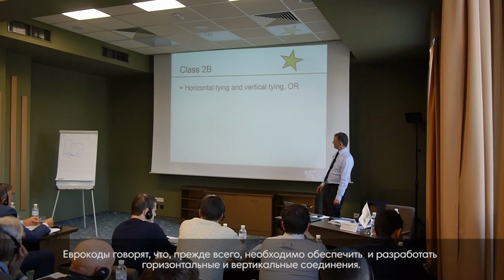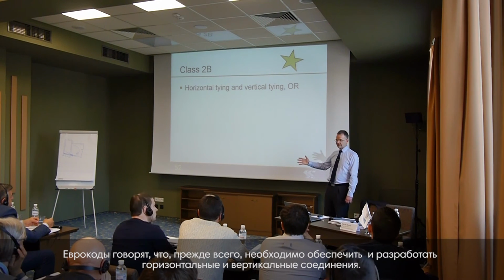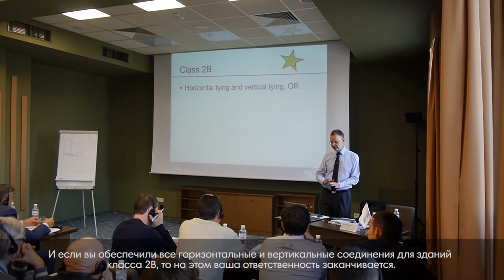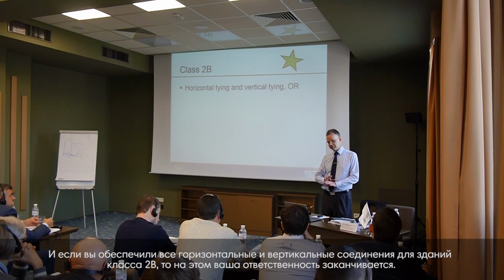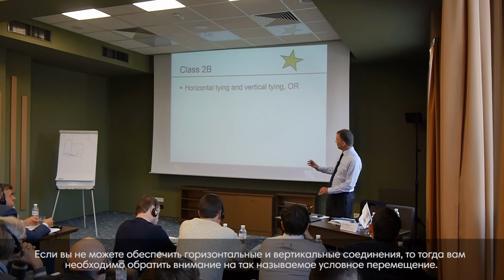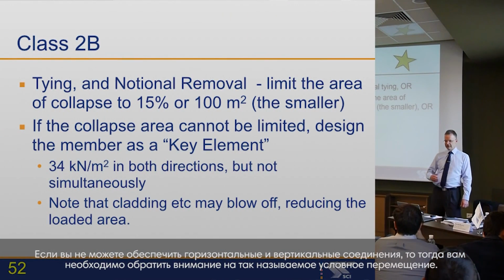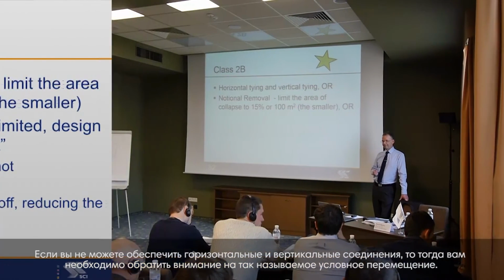So the Eurocode says, first of all, provide horizontal tying and vertical tying. And if you can provide horizontal and vertical tying for Class 2B buildings, you have finished your responsibility. If you cannot provide horizontal and vertical tying, then you go on to consider what's called notional removal.